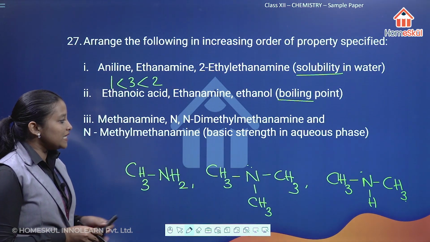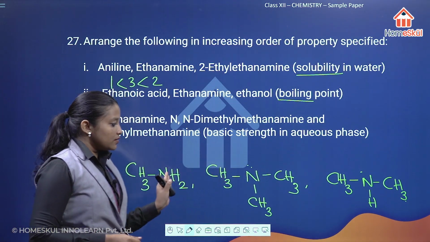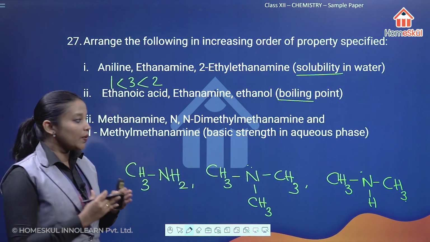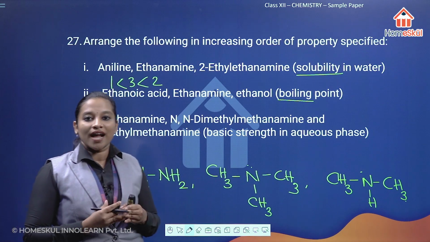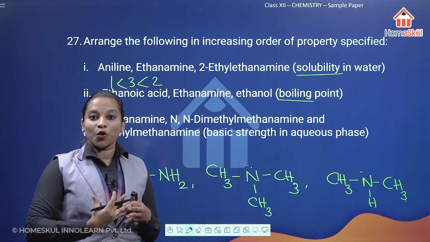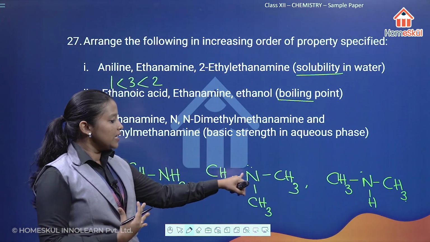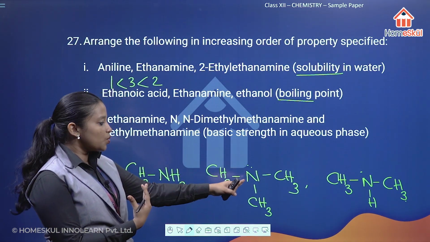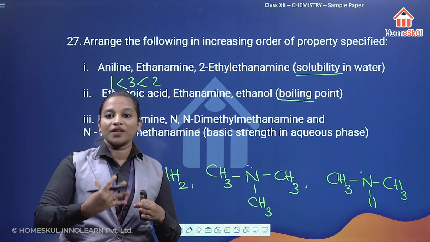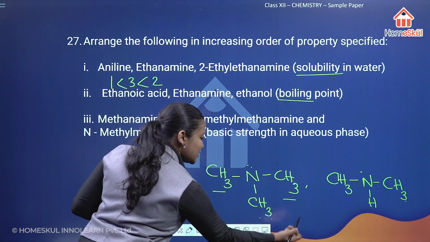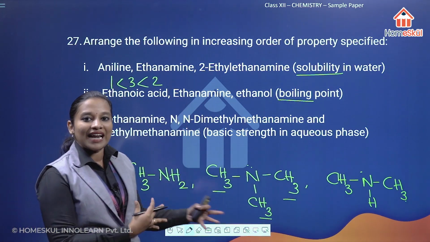We have to compare the basic strength of these three amines in aqueous phase. What is meant by basic strength? As the electron density or negative charge on the nitrogen atom increases, its basic strength also increases. What are the peculiarities of these CH3 groups, or the alkyl groups?